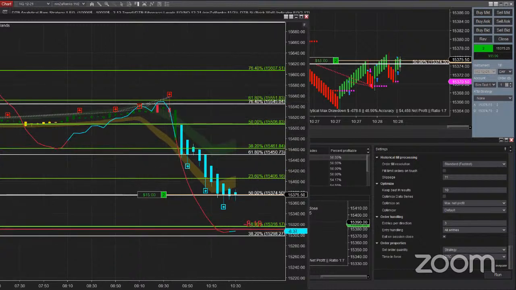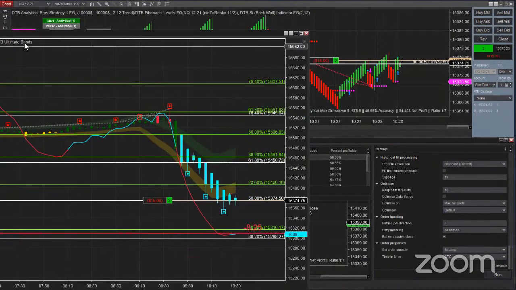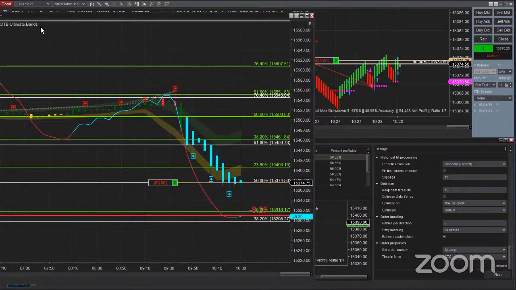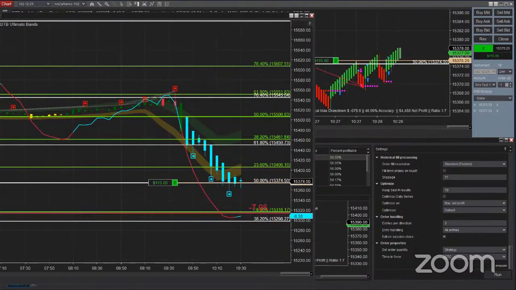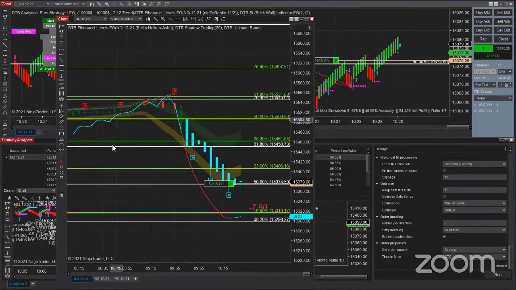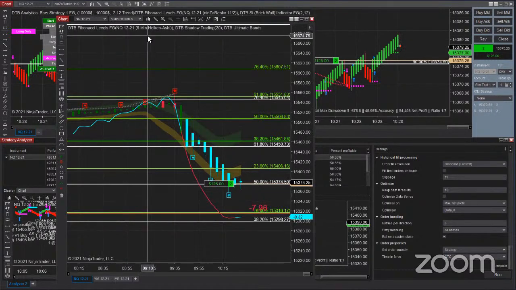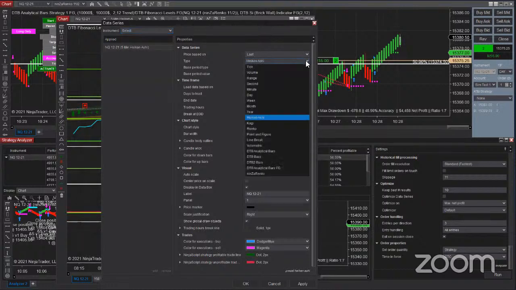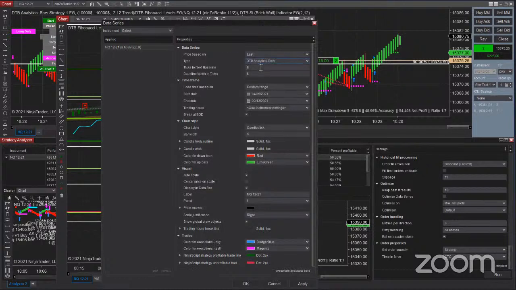Sometimes it does help to look at a tick chart instead of the 5-minute chart. So I'll make this a different value chart to just see what that looks like. Let's go to the data series and make this an analytical bars strategy, and even like a 22 and a 22.